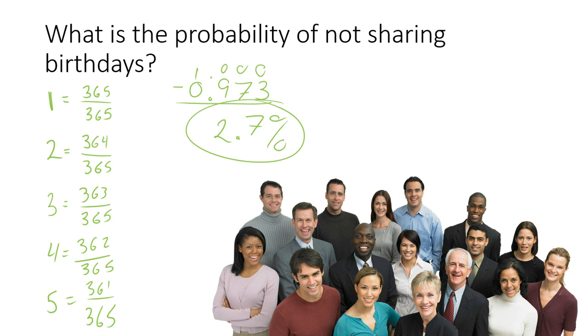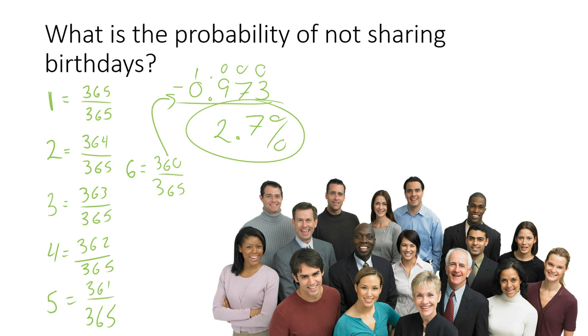Now, if you were to continue this and keep adding people, so if you wanted the sixth person, that would be 360 over 365, then you would just multiply this number into that 0.973. And then you'd keep doing that over and over, keep adding those fractions.